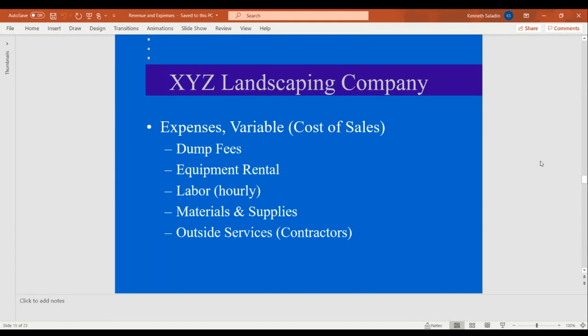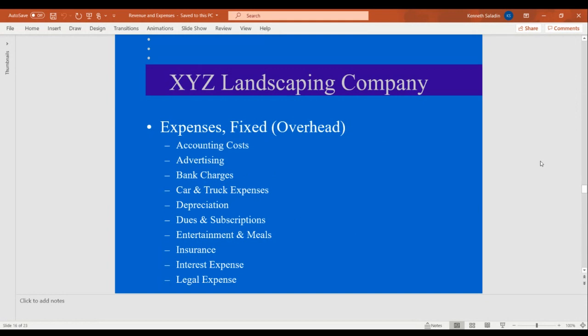Let's go ahead and look at some examples of fixed expenses, also known as overhead. And there's quite a list, and there's another slide where the fixed expenses continue. I'm not going to go over each one of these.